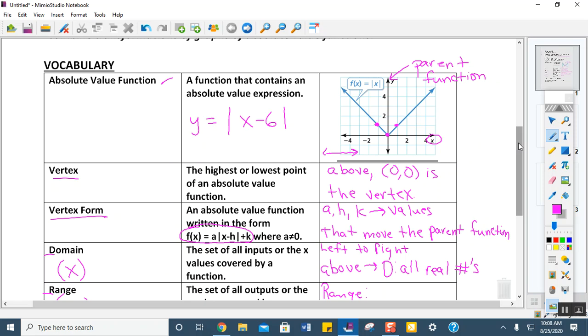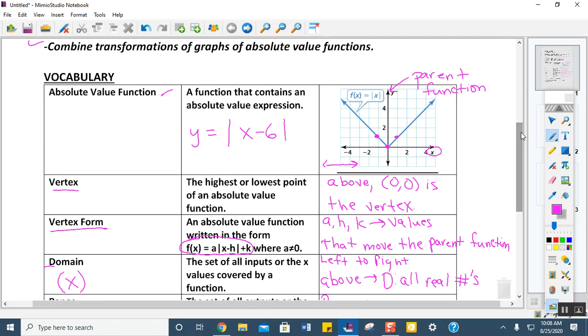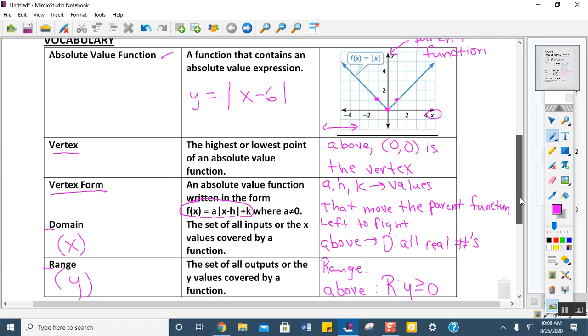So I'm going to say, well, my range in the above function, or that parent function if you will, the range, which I use a capital R for, is going to be all y values that are greater than or equal to 0. Okay? Again, it has a lowest point at 0. And the graph covers everything above that. So therefore your range would be y greater than or equal to 0.